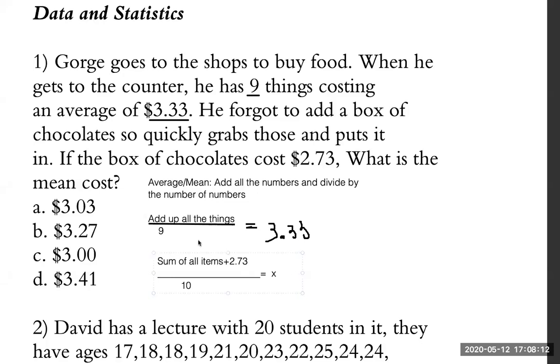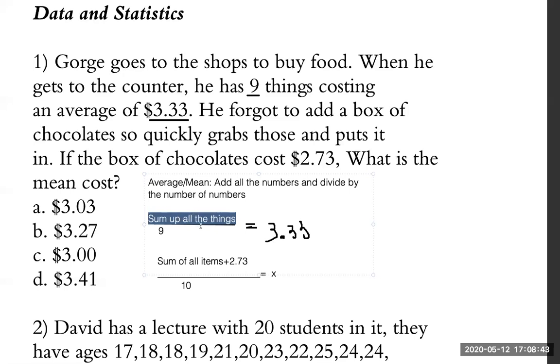So right now, to figure this out, you need to do 2 different things. First, you need to figure out what the top number was, the sum of all things. Would you agree that if you divide the sum of all things by 9 you get 3.33? So if I multiply 3.33 by 9, it'll give you the sum of all things.